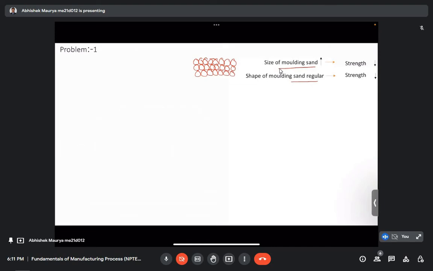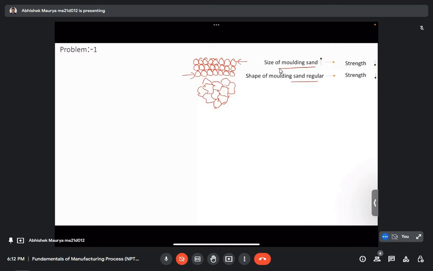Since shape is very regular, then just by giving some very little force we can easily displace them, or we can deform its shape. But suppose that if shape is very irregular like that, then these particles will remain interlocked with each other very firmly, and it will be very difficult to deform just by giving a small force.